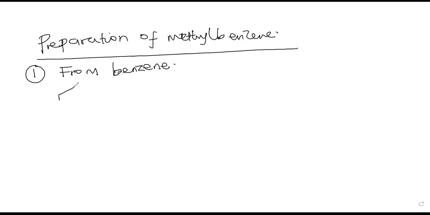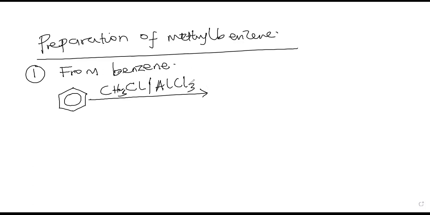So we bubble chloromethane through benzene, CH3Cl, and you do this in presence of aluminum chloride. Of course, the result will be chlorobenzene. Sorry, methylbenzene.